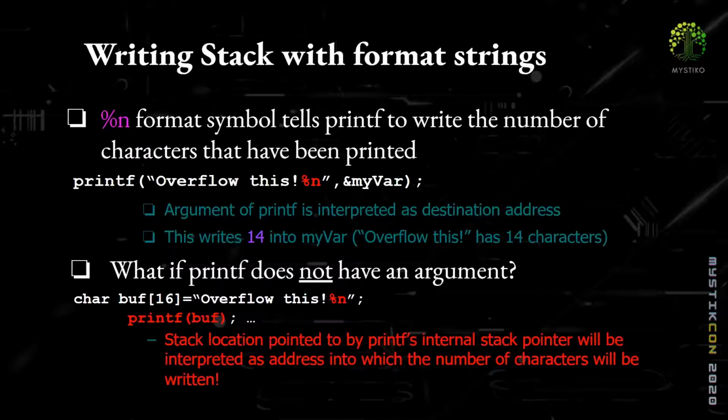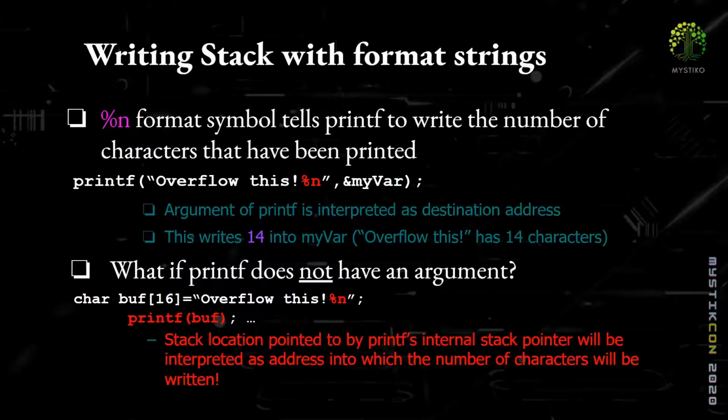In this case, the length of "overflow this" is 14, and it will write this 14 into the variable that has been supplied as an argument. So the argument of printf is interpreted as the destination address. This writes 14 into myvar itself.